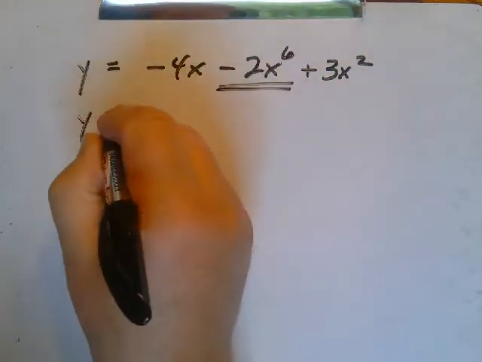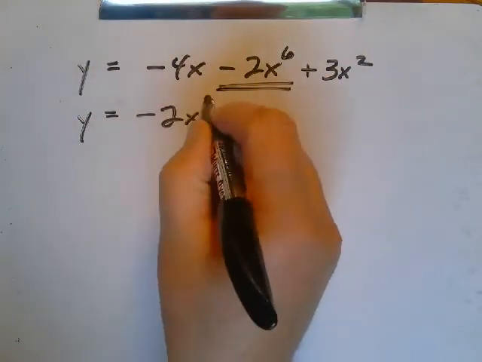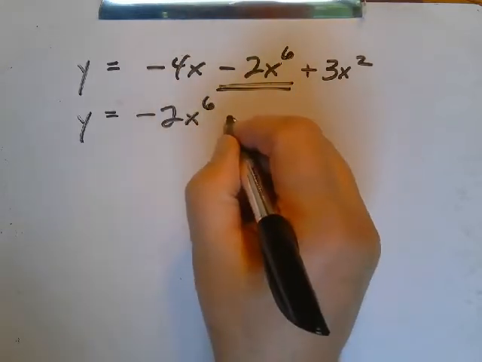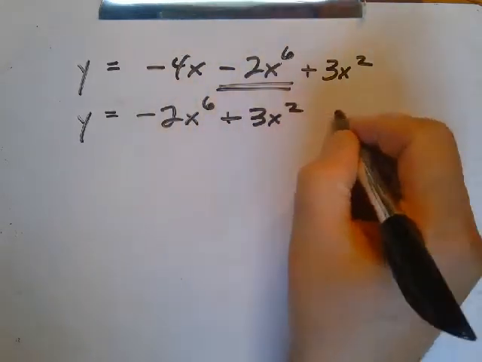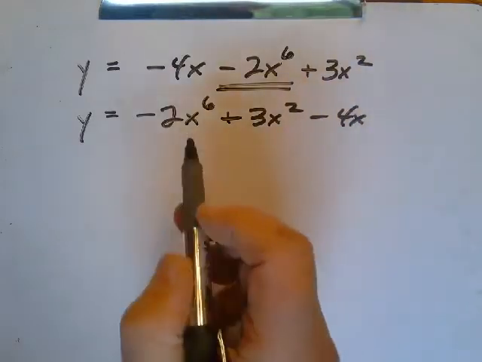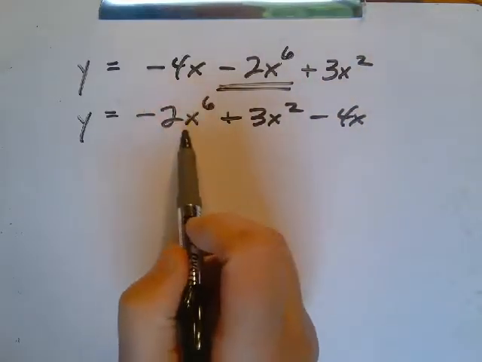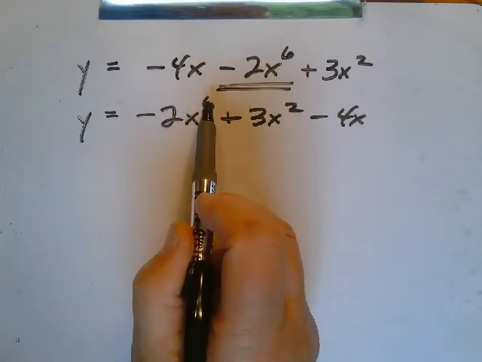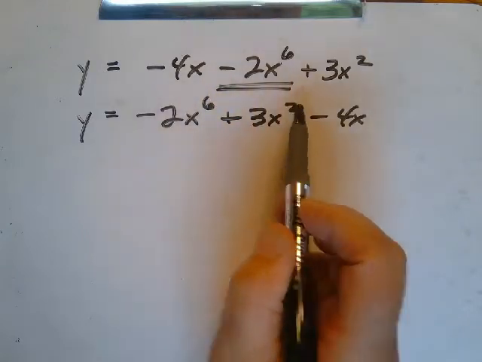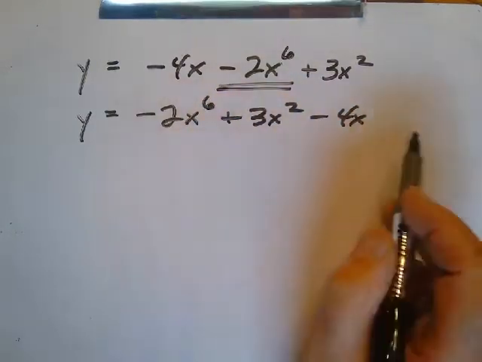So if I was to write this again, I don't really need to, but if I was going to write this again, I could rewrite it in descending order like this. Now you can see that this is the leading term. They're in descending order. It's x to the sixth, x to the second, x to the first, and so forth.